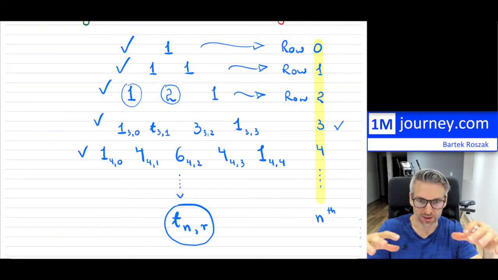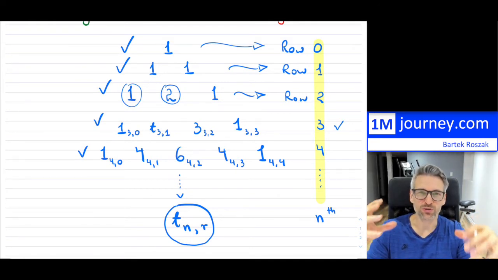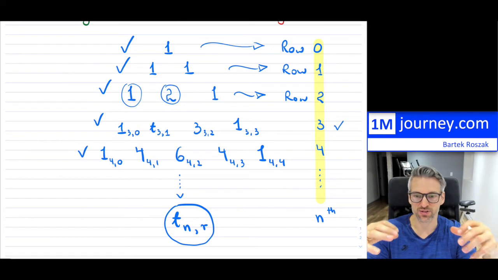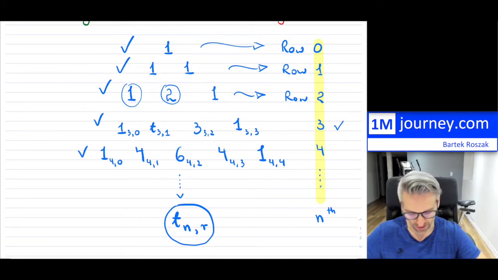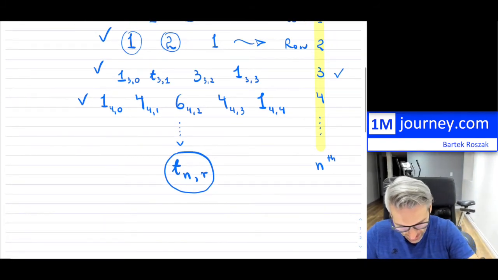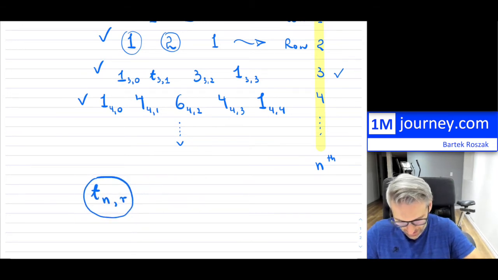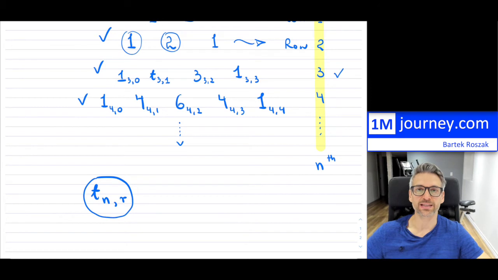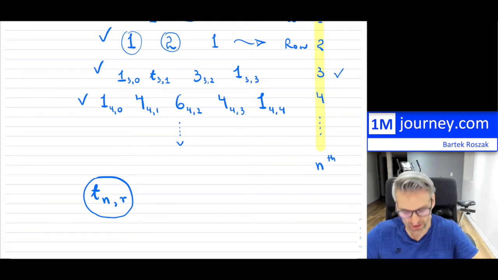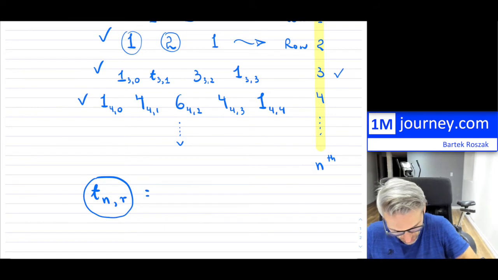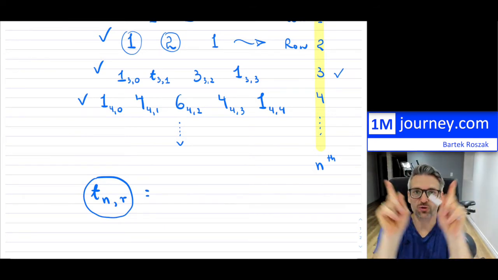But here, in terms of the counting, we do want to have a general sense of how we create this item. And it turns out that if you want to know any term in the nth row and the rth item in that row, it is simply equal to the two above it.